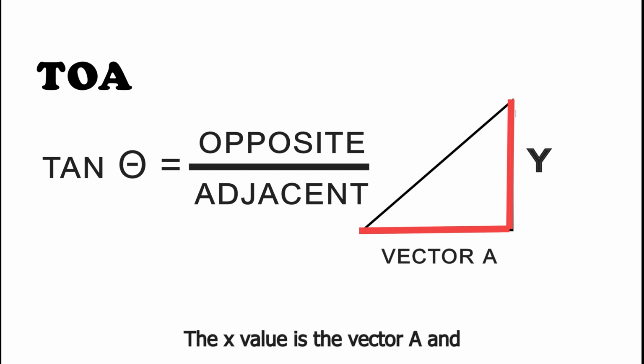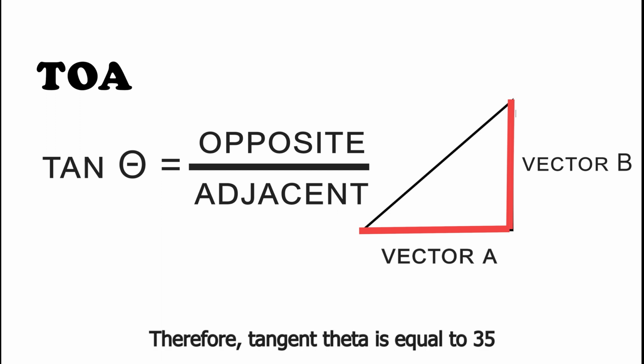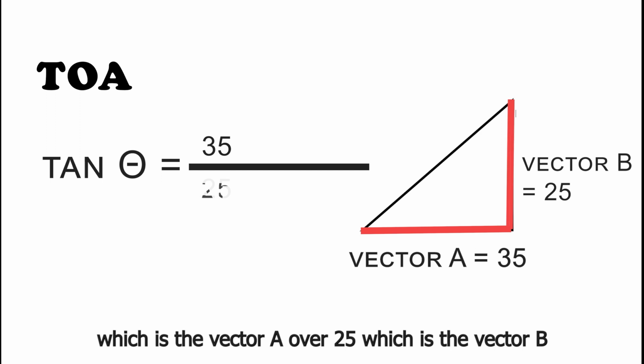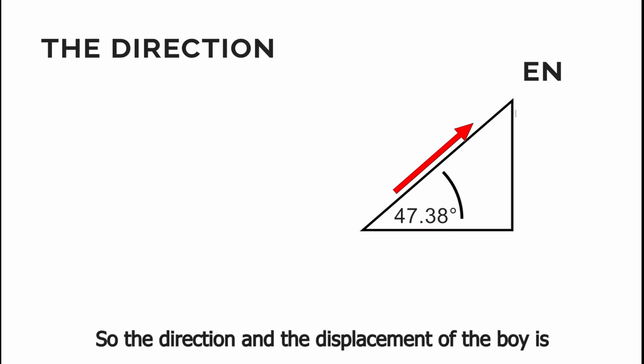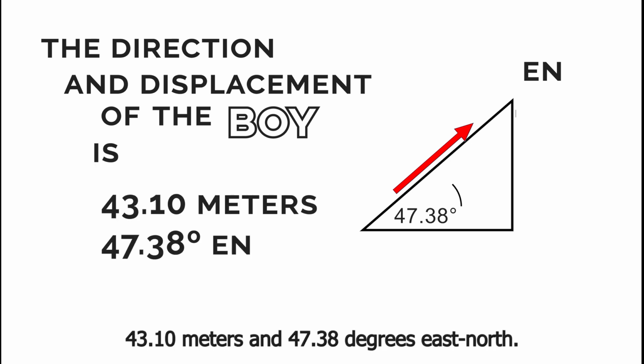The x value is vector A, and the y value is vector B. Therefore, tangent theta is equal to 35, which is vector A, over 25, which is vector B. The result is 47.38 degrees to the east-north. So the displacement of the boy is 43.01 meters and 47.38 degrees east-north.